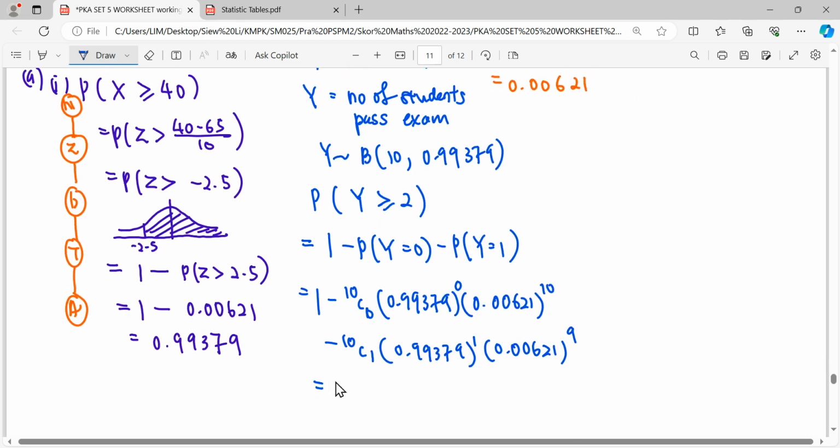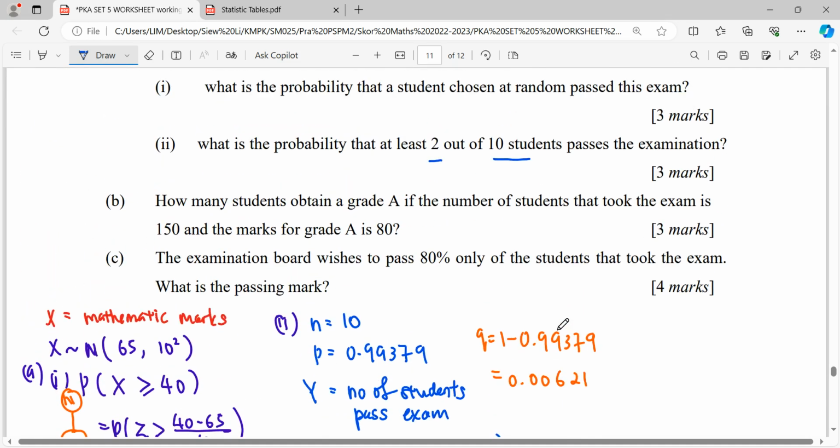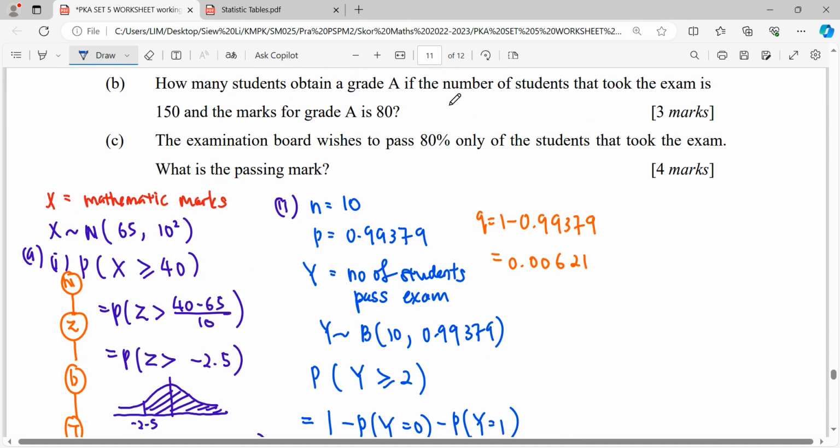Evaluate using your calculator, and you will get almost 1. Then continue for question B.